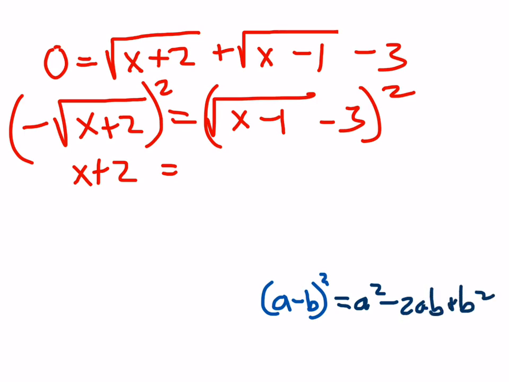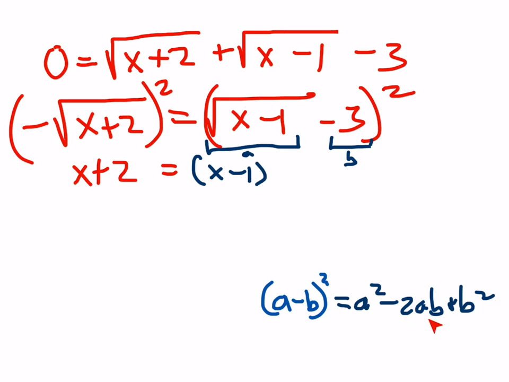Now the reason why I take the moment to go through that is because this is like our a, and this is like our b, the negative 3. So when we square this whole thing, we're going to square the first, which is taking the square root here. When you square the square root, it makes it go away, and we'll have x minus 1.